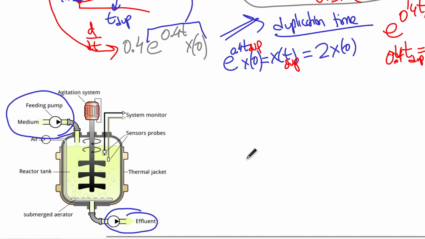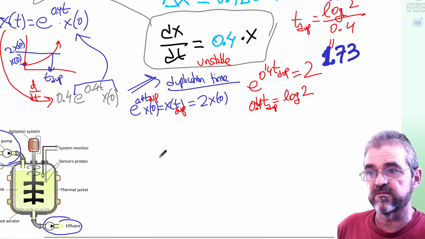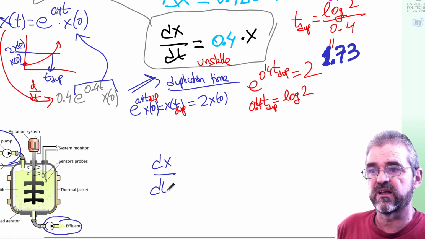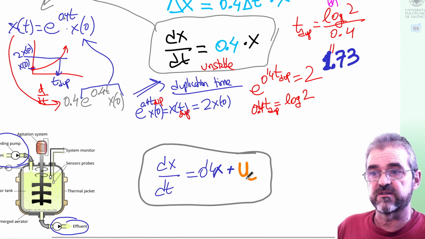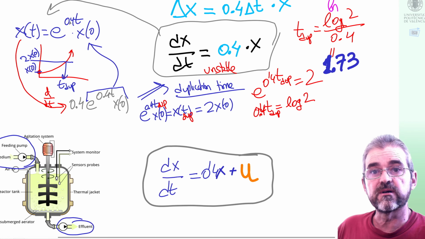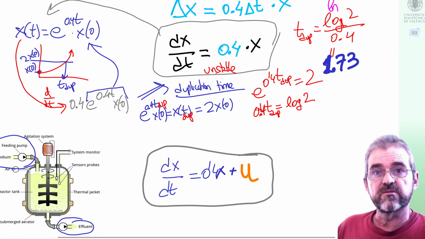So if I call u the net number of cells per unit time that I insert or extract from the bioreactor, then the manipulated bioreactor will have this new equation in which I have an input variable u that I can use, for instance, to design a controller in order to keep the population of cells inside the bioreactor at a given prescribed value.